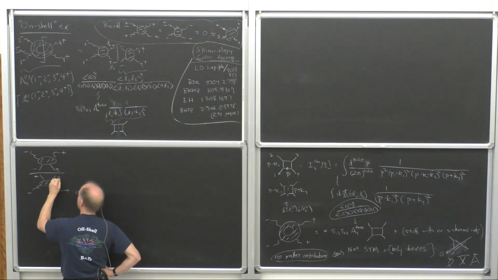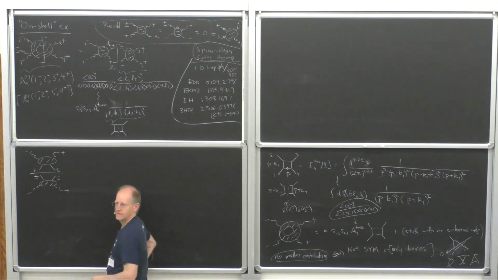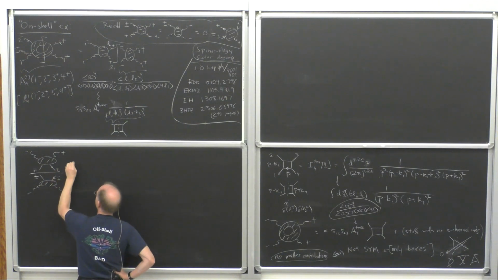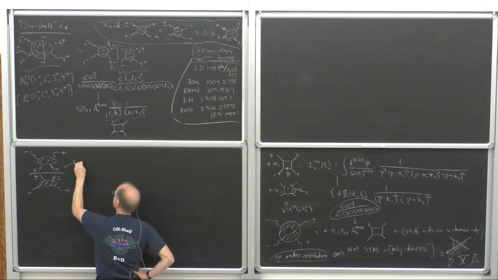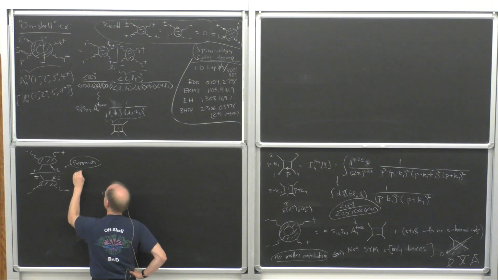Or we could flip them around. And in this case, I drew them for the case of fermion, because in this case, the fermion is allowed, and so is the gluon. And you could also put scalars here too.